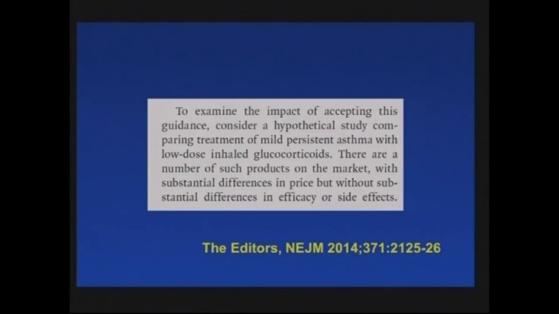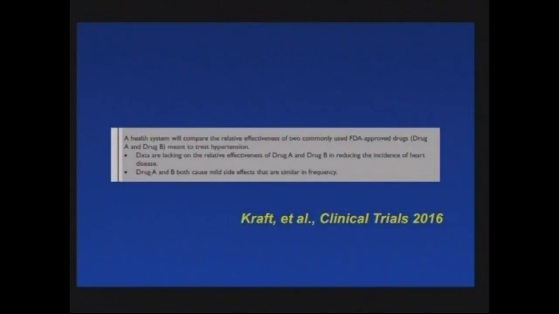And notice what they say about their number of products on the market with substantial differences in price, but without substantial differences in efficacy or side effects. Notice they're not telling you much about possible differences between the two things that they want to study here. It's like they kind of sound the same. In fact, they've told you no difference other than, well, maybe there's some kind of difference, but we don't even have a clue what it might be.